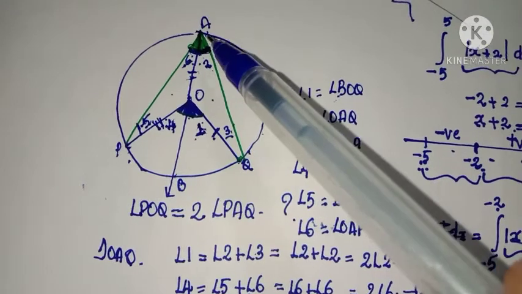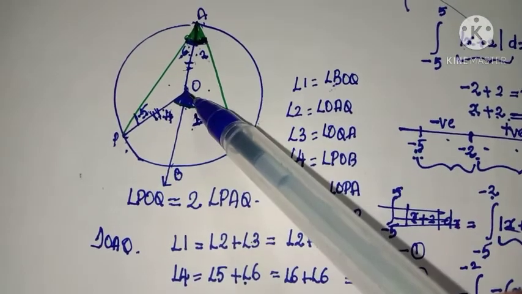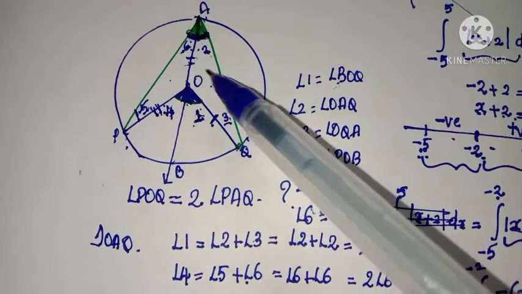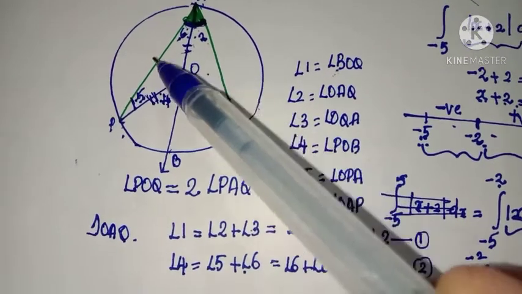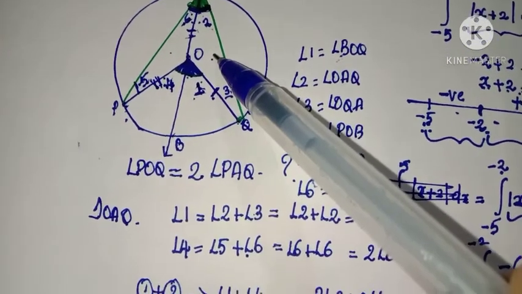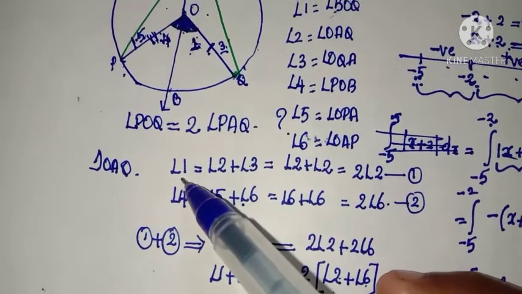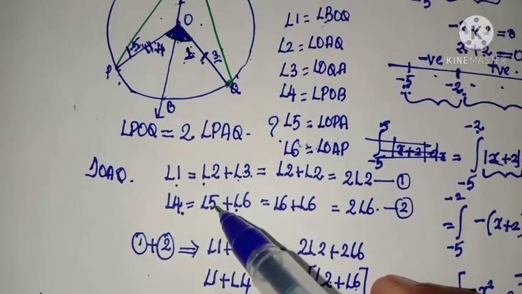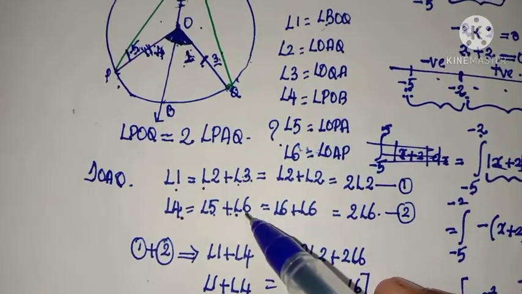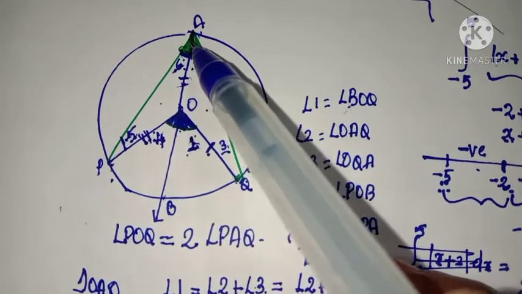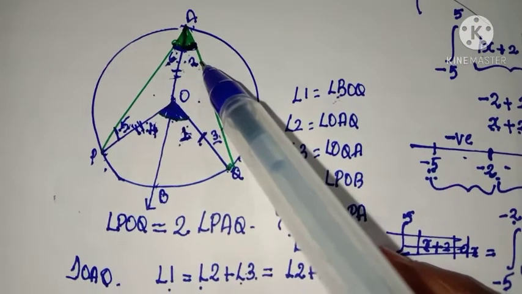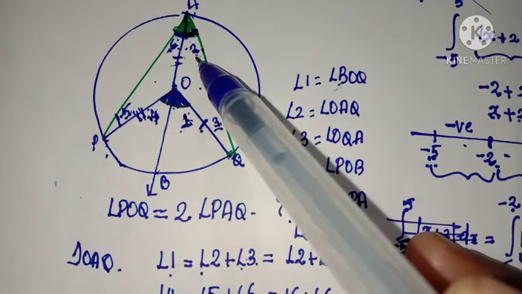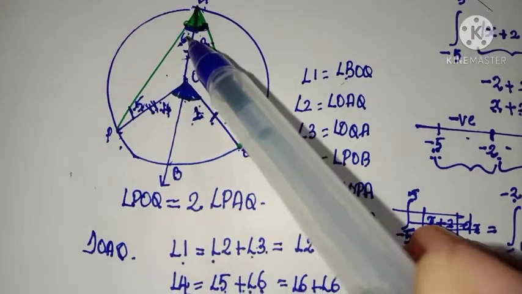So, listen, in the figure, first we have to join AO, then extend to a point B and consider these two triangles separately, then apply the exterior angle theorem. So, you will get angle 1 and angle 4 as angle 2 plus angle 3, angle 5 plus angle 6. Keep in mind that we need these two angles. That's why we replaced angle 3 into angle 2, angle 5 into angle 6.